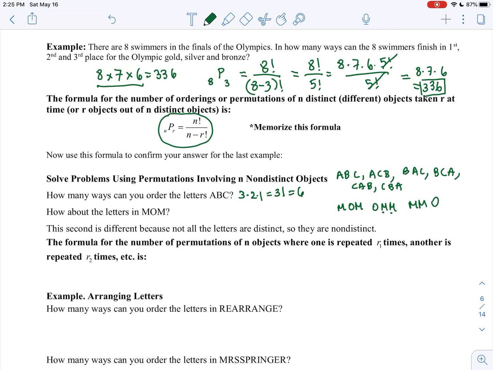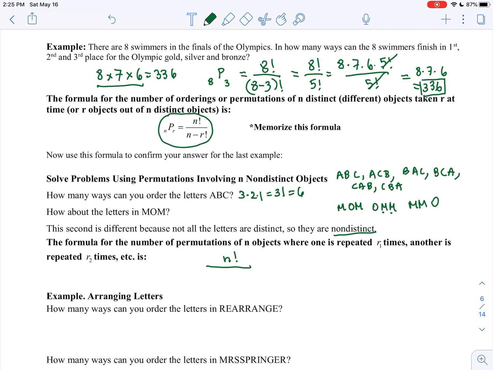So the second is different because not all the letters are distinct. So this is considered a non-distinct situation. So when that occurs, you're going to take all the possibilities that you have, in which case that's 3 factorial or 3 times 2 times 1 because there's 3 different options to pick from. So n factorial, and then you divide by the number of times that a certain letter, or object, is being repeated.